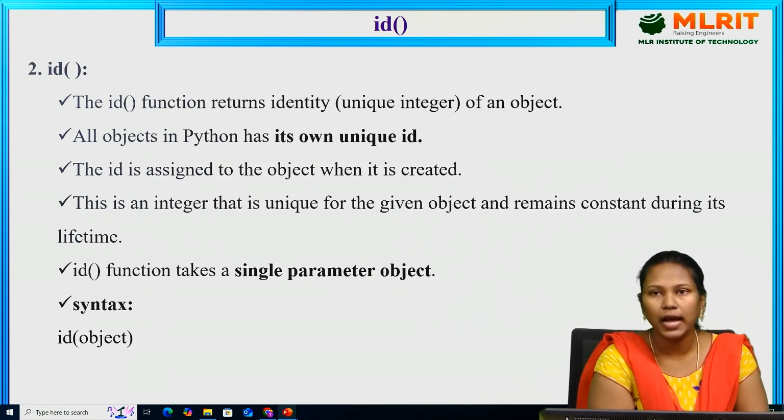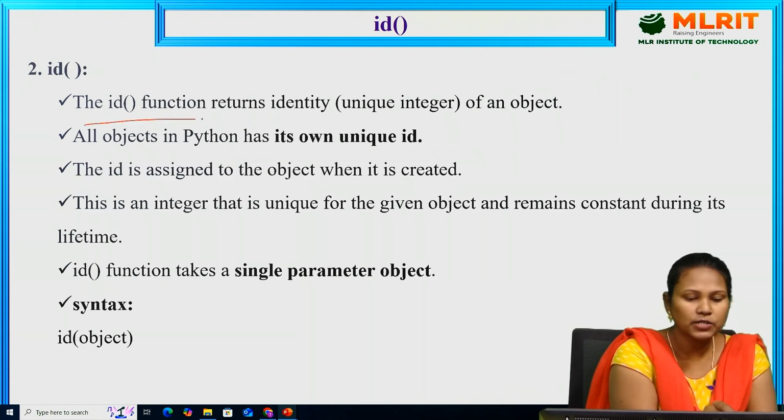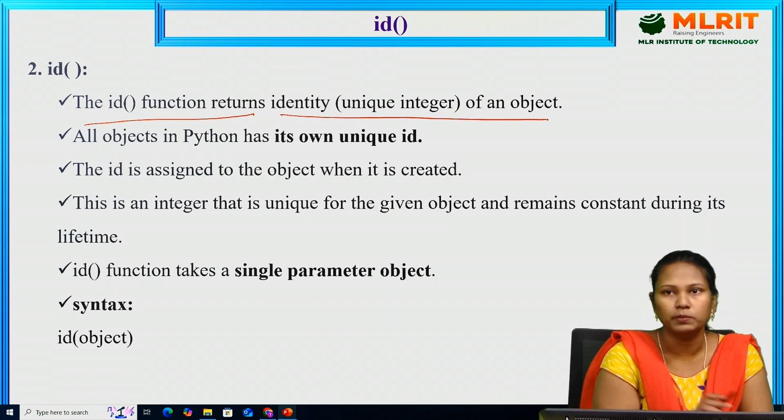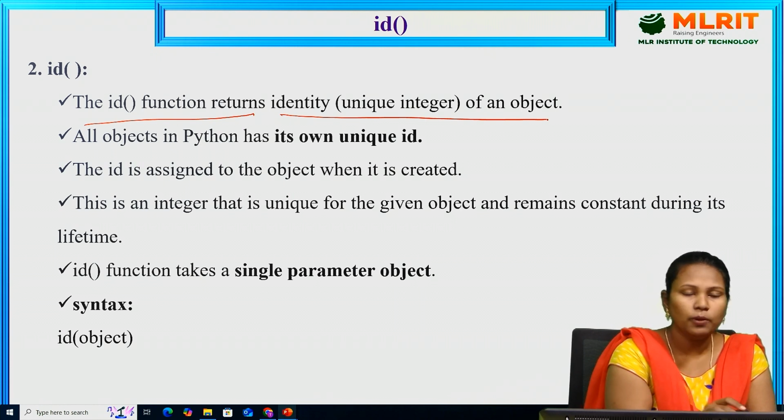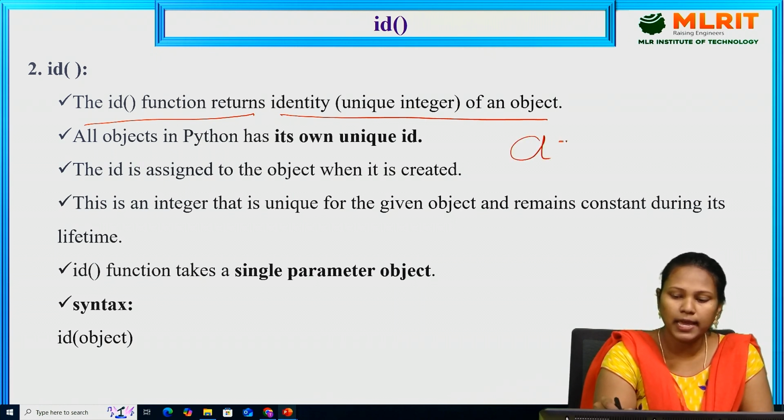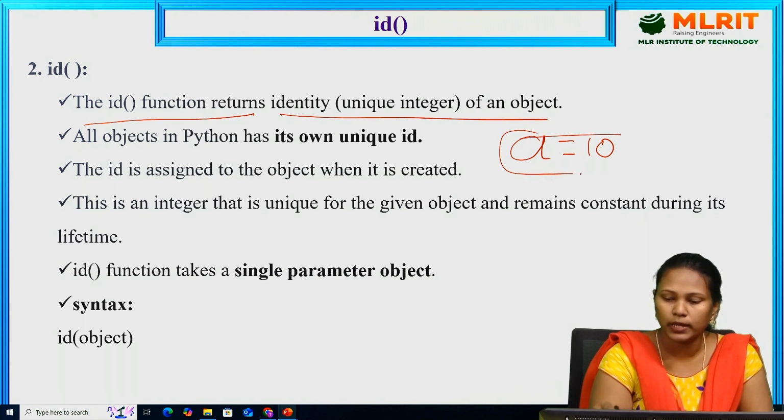The next one, id. The id function returns the identity of an object. Whenever you declare a variable, a is equal to 10, it is stored in one particular location in memory. So it has one unique id, which is the address of the variable.